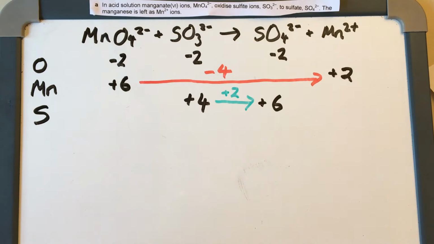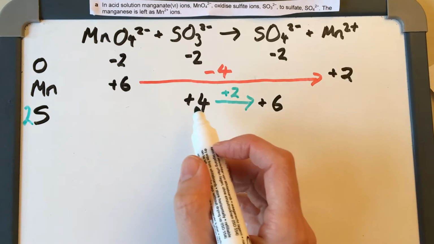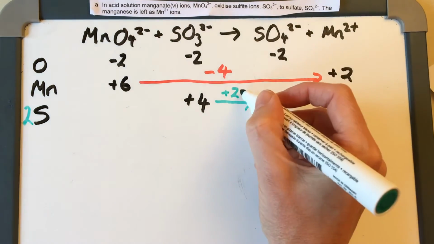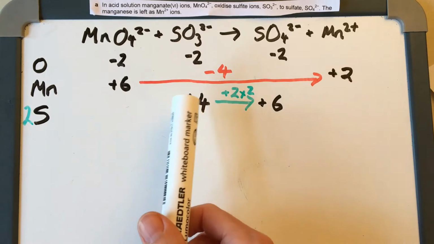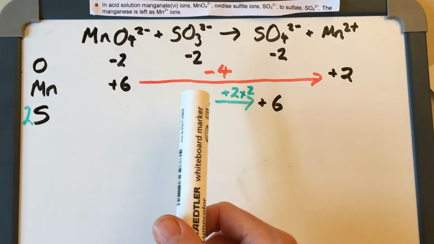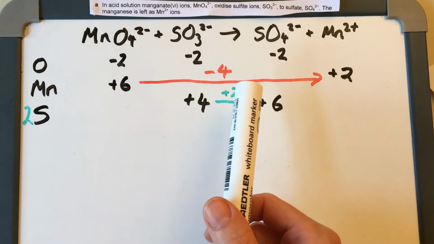And the way to do that is to have twice as many sulfurs. So if I have 2 sulfurs, then each of them will go up by 2, which means in total they will go up by 4. So then this one's been oxidized, and each sulfur has lost 2 electrons, so in total it's lost 4.